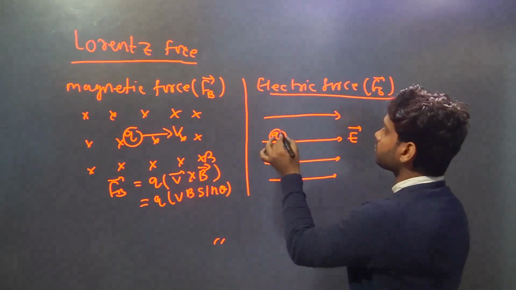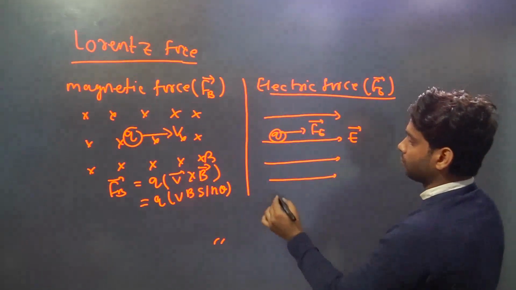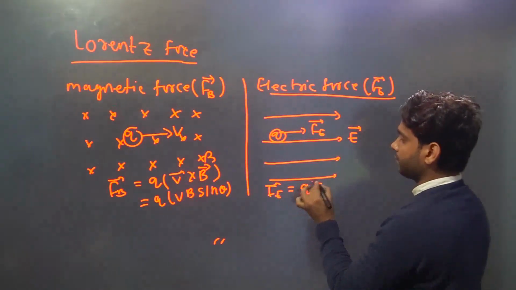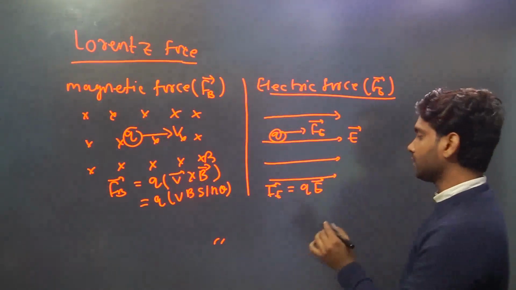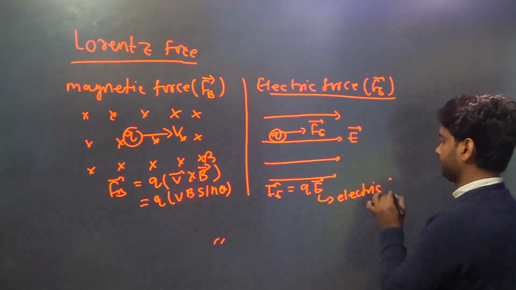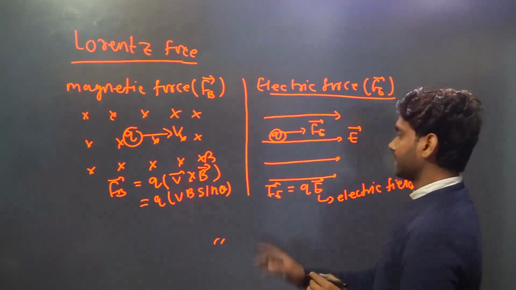So there is a force on that charged particle, which is known as electric force. So the electric force Fe equals Q times E, where E represents the electric field. This is the electric field, and Fe represents the electric force.